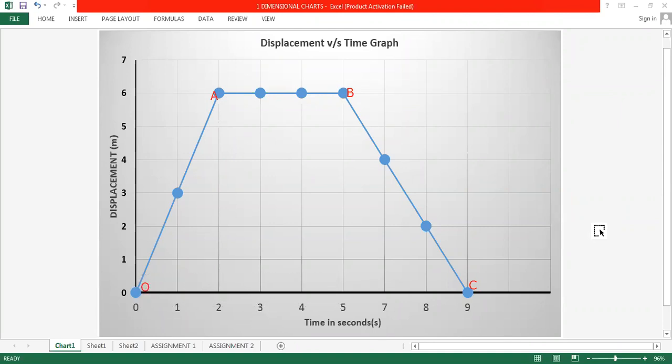This is O, that's A, B, and C. Plot this graph. Now please look at the coordinates properly.